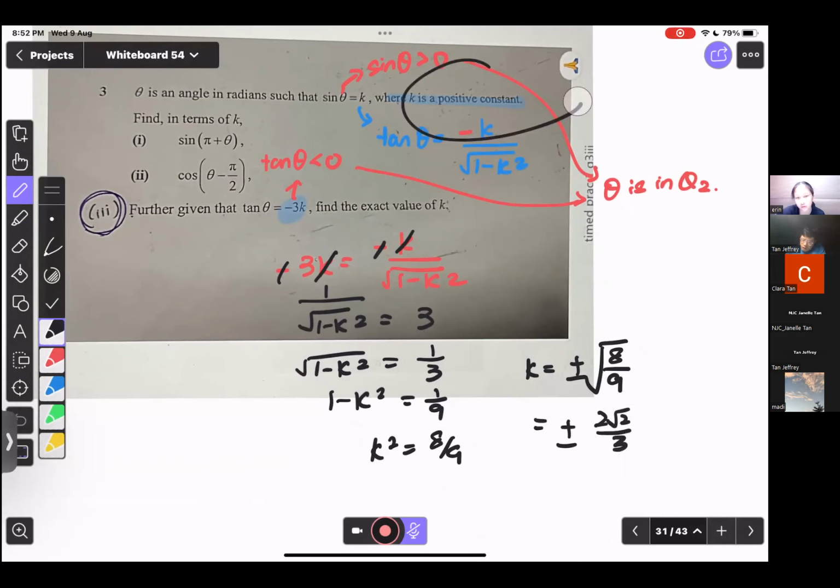Now, since k is positive, k equals 2 square root 2 over 3. The reason is that k has to be positive, as given by the question.